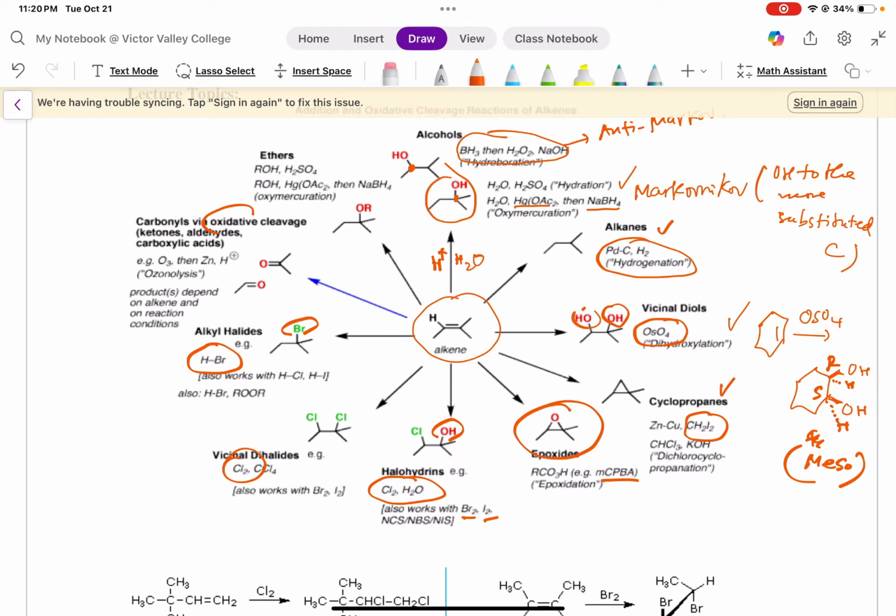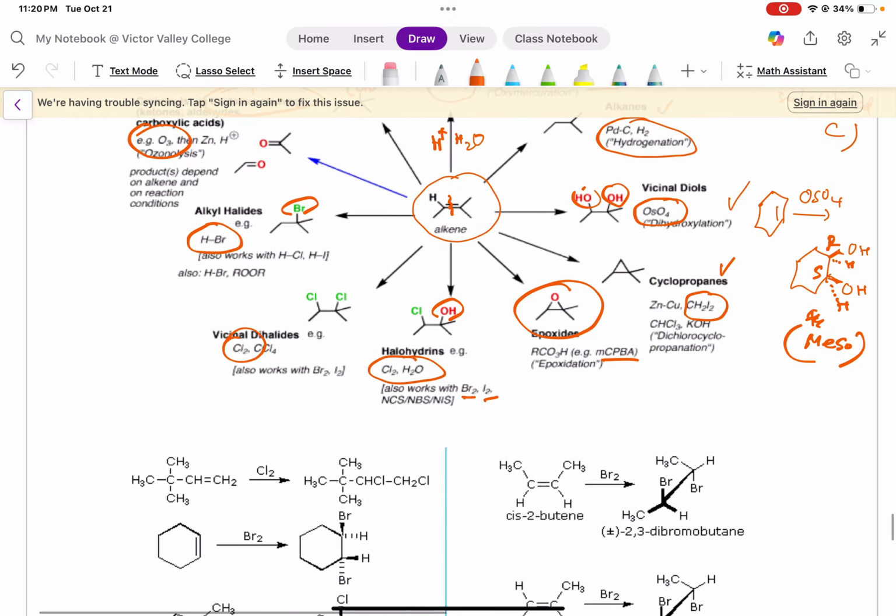Oxidative cleavage, meaning we can use ozone to cut the double bond and split it into two molecules, and then you stick one oxygen on each side of the double bond right here. And finally, similar to adding water, this time we're adding alcohol, so we get the ether instead of OH, and it's Markovnikov.